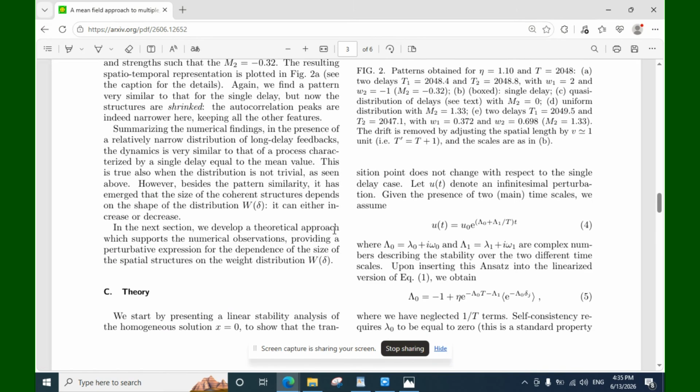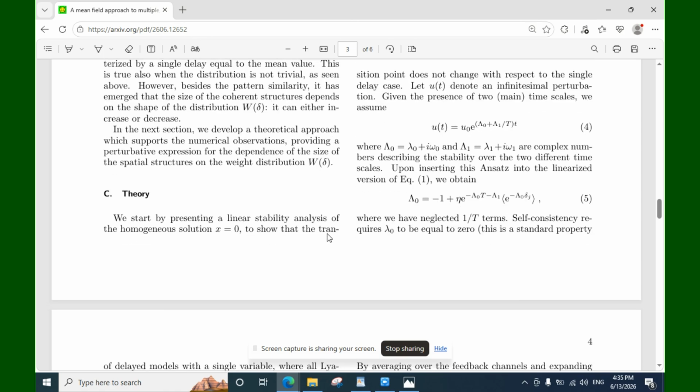We assume u is equal to u0 e to the power of (alpha 0 plus alpha 1 over T) t, where alpha 0 is equal to lambda 0 plus i omega 0 and alpha 1 is equal to lambda 1 plus i omega 1, complex numbers describing the stability over the two different time scales.